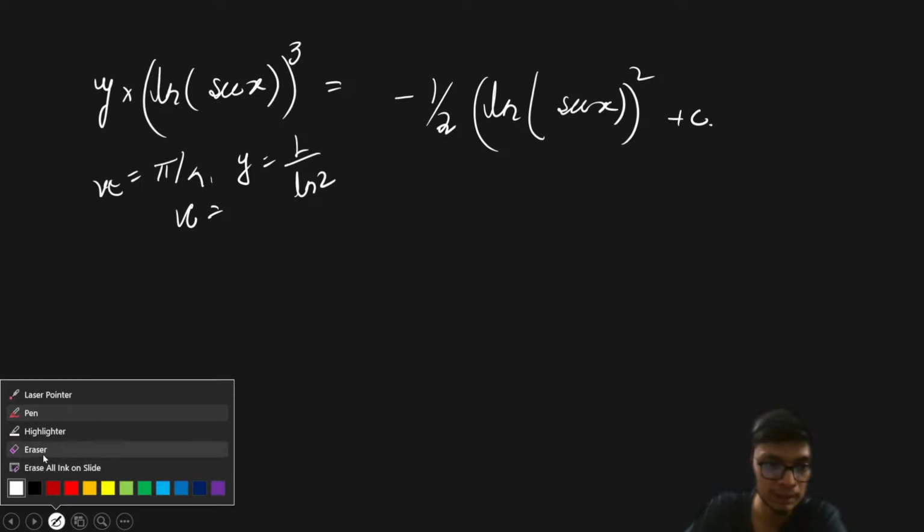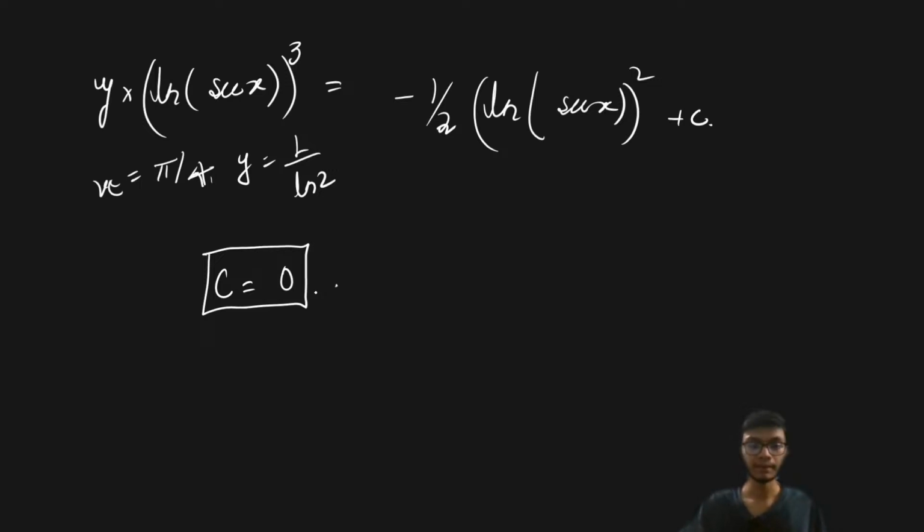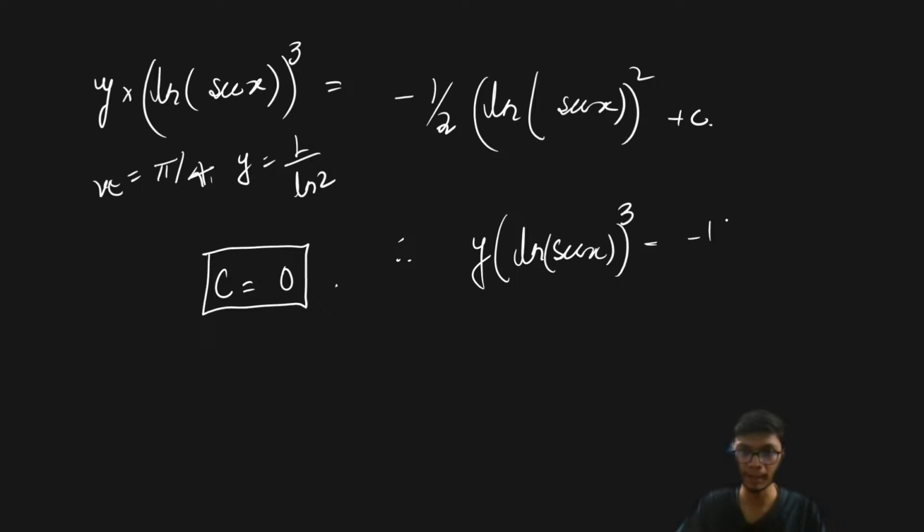From that given condition, the value of the constant is equal to 0. Therefore, the required solution is y times natural log of sec x whole cube equals minus 1 upon 2 times natural log of sec x whole square, right? That is going to be the solution.